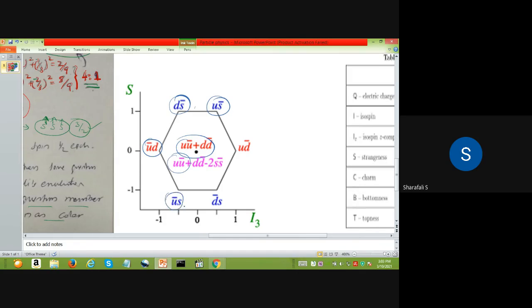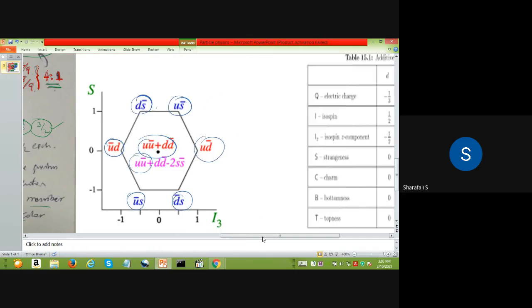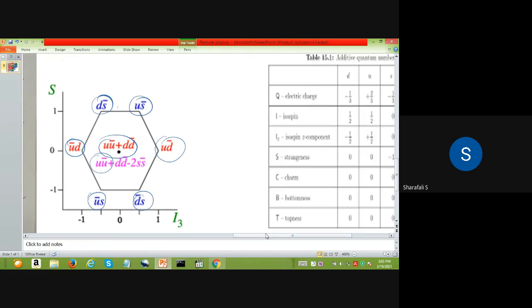Just consider that previous octet diagram for mesons and compare with this part in the quark model. Then we can have this kind of structure or combination of quark and anti-quark.